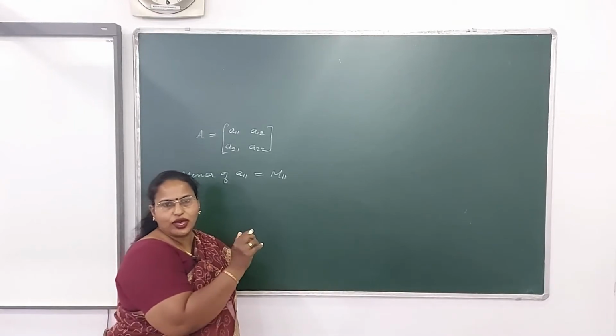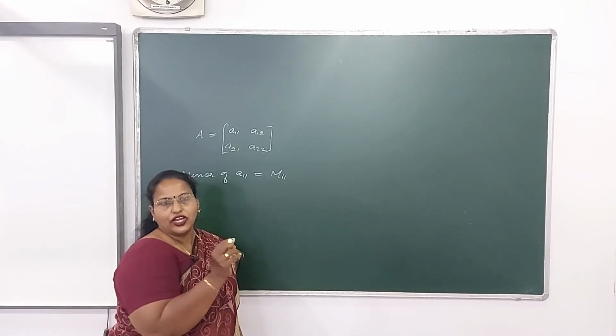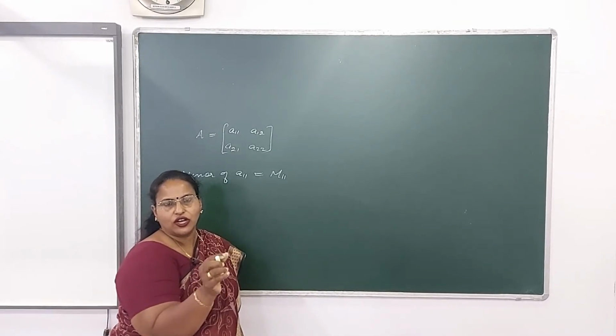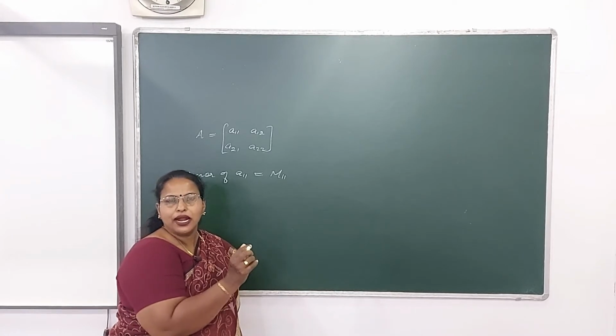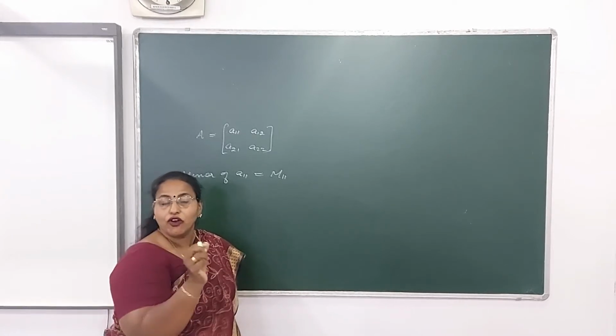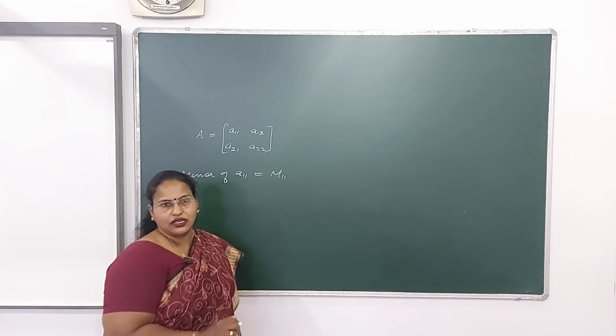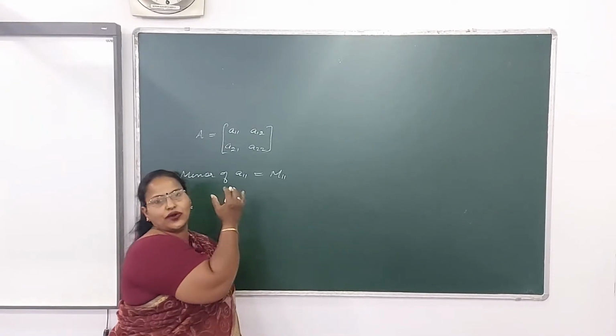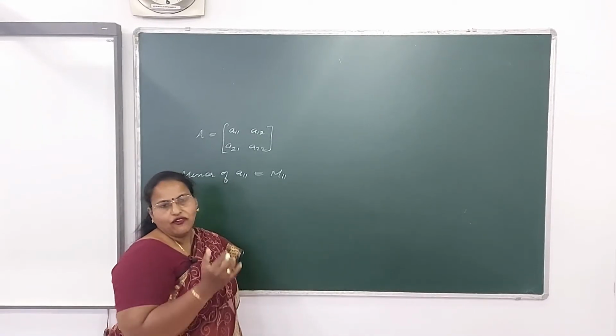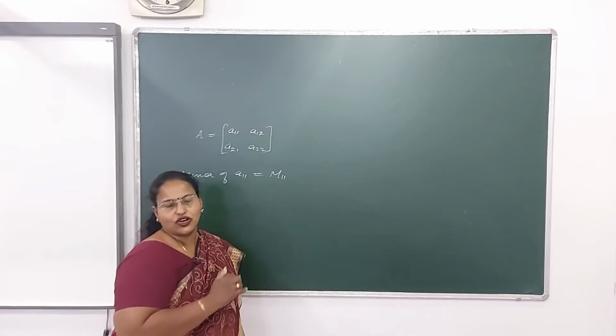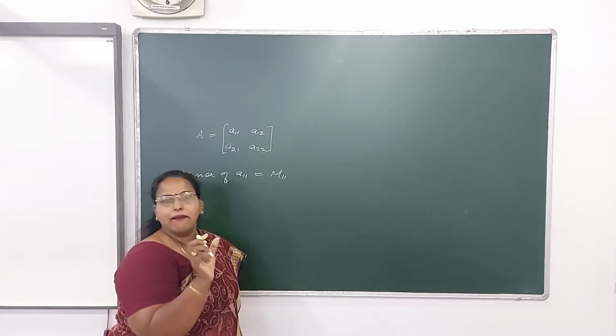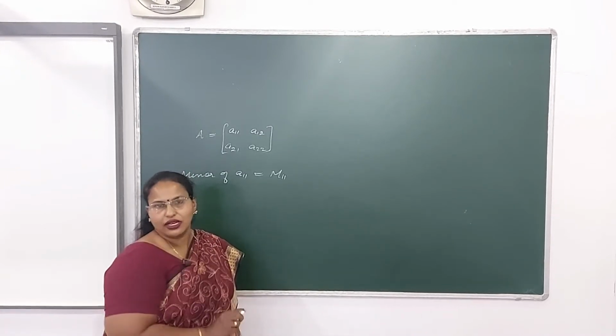So if it is a square matrix of order n, when you delete the ith row and jth column, then you will get a submatrix of order n minus 1. So here A is a square matrix of order 2. When you delete the first row and the first column, you will get a submatrix of order 1 by 1.